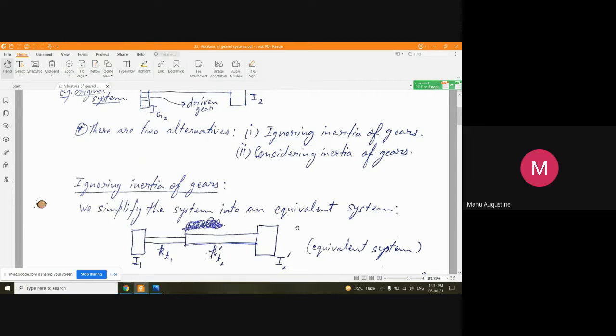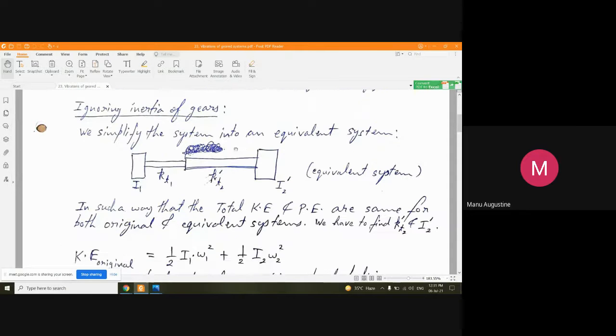And based on both of them, there will be an equivalent conversion of the geared system into a system that we are more familiar with.